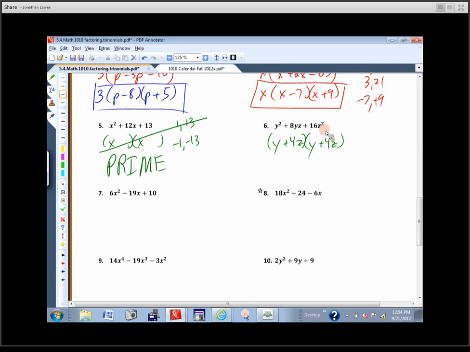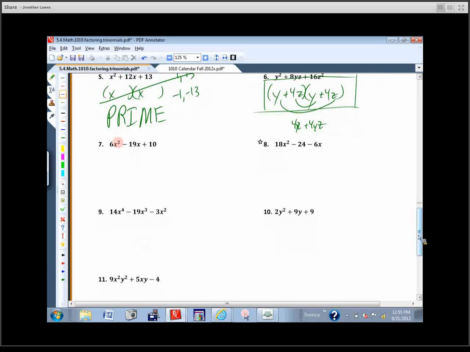It would. And when I multiply those middle terms, I'd get 4yz plus 4yz. Does that make my middle term 8yz? It does. So these really aren't that bad. Any questions?